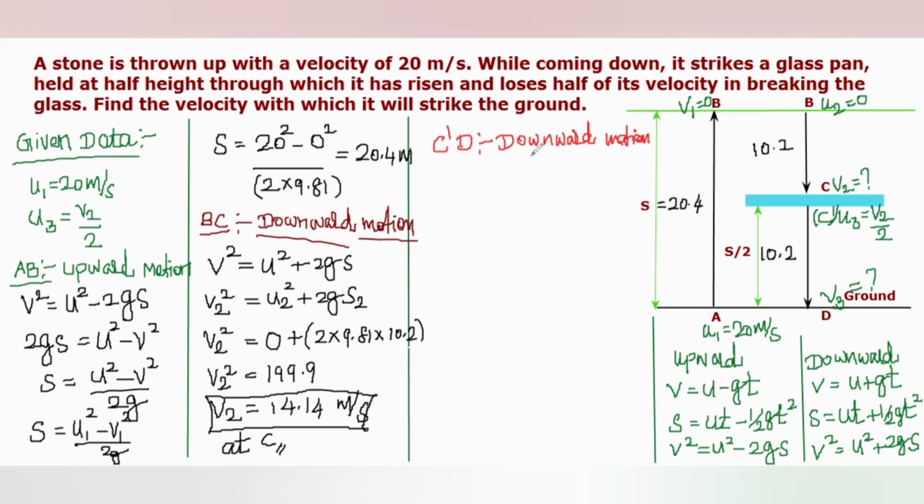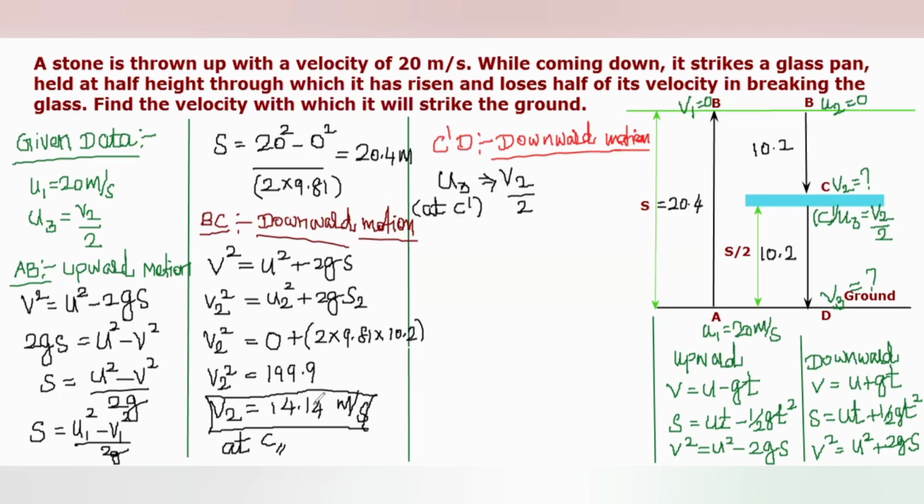In this downward motion, due to the breaking of the glass window, the velocity of the stone becomes half of the previous value. So U3, the velocity at point C dash, equals V2 divided by 2.